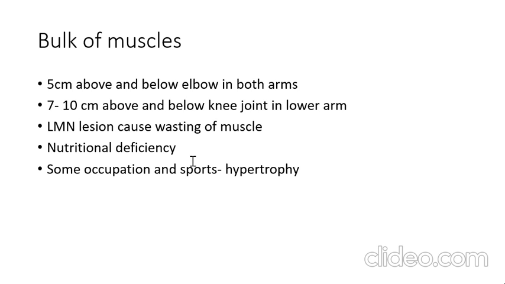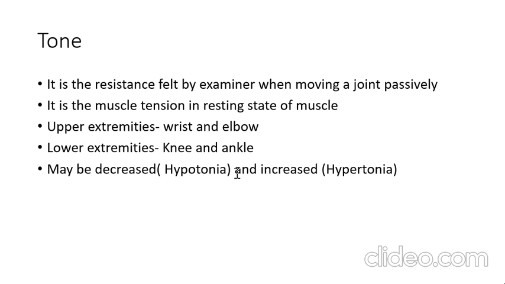The muscle will be flaccid, completely relaxed, and obviously disuse of that will lead to wasting. Nutritional deficiency we can assess here, and in some occupations or sports, in athletes, we can find hypertrophy, right? So increased bulk of muscle. So this is all about bulk.